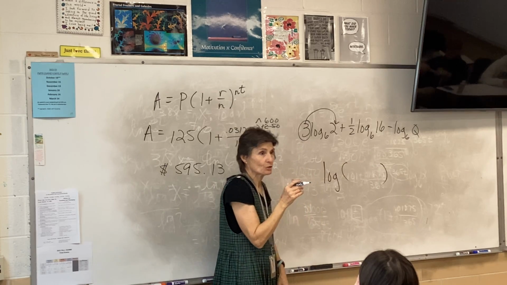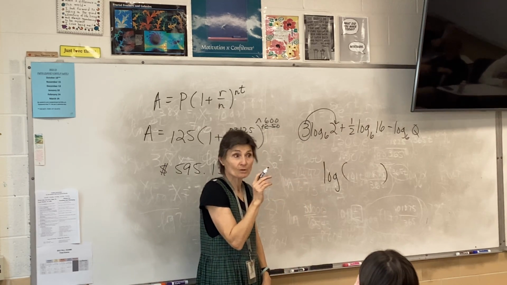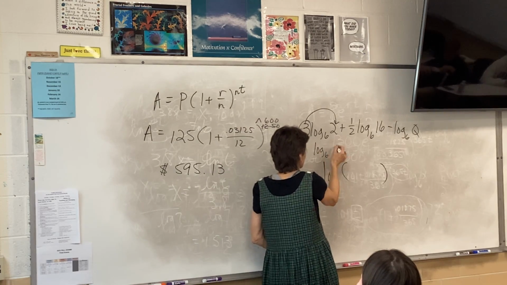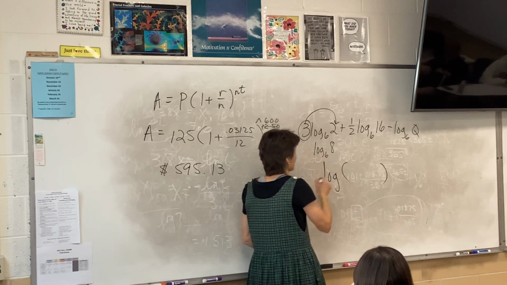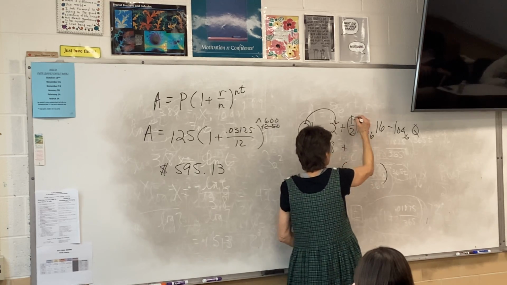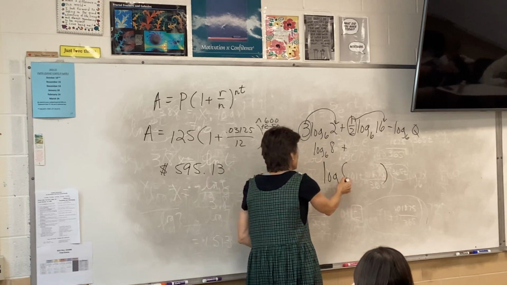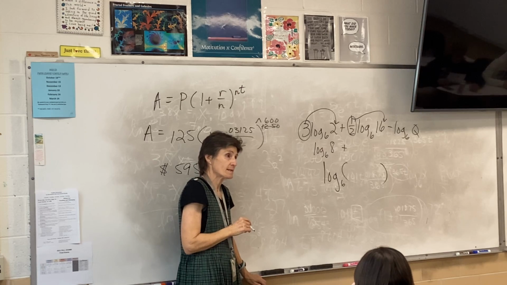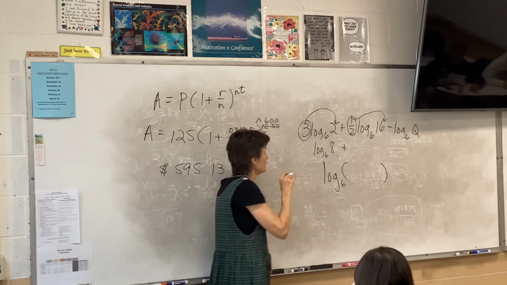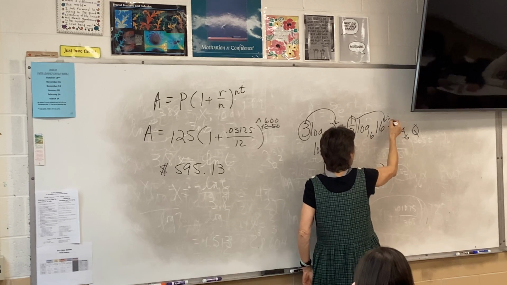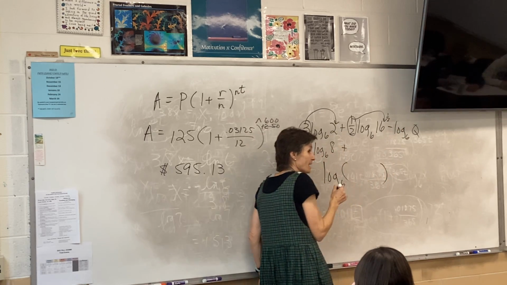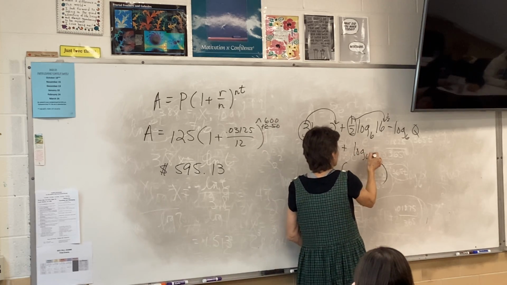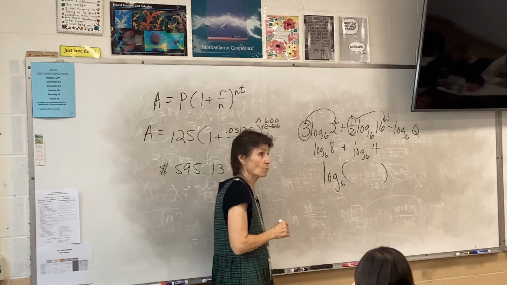So that really isn't a 2, that's really a 2 to the 3rd, which is 8. So this is the log base 6 of 8. Same thing here, this is an exponent. Now, it's a fractional exponent, which means it is a radical. Since it's a 1/2, that means it's a square root. So this is going to be the log base 6 of 4, square root of 16.